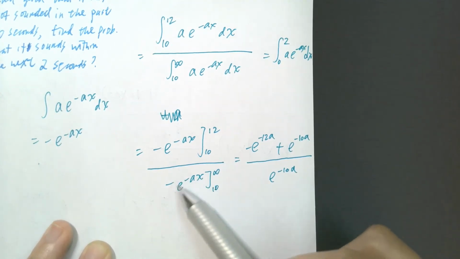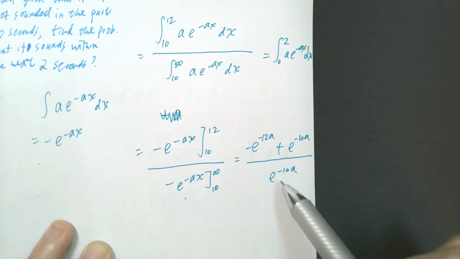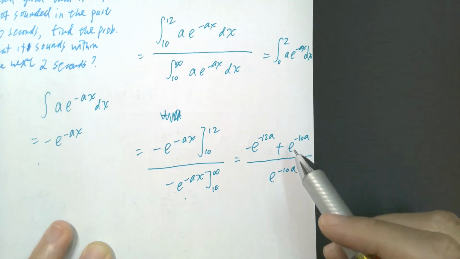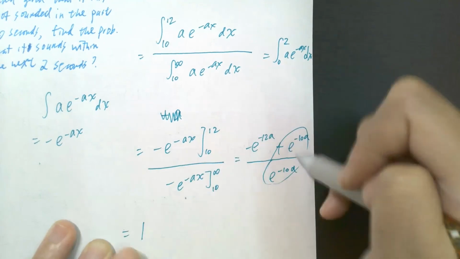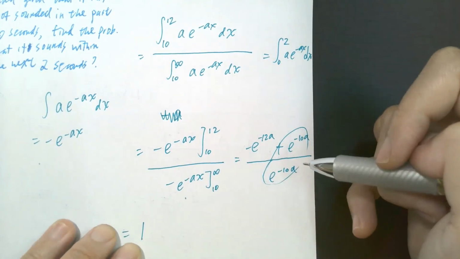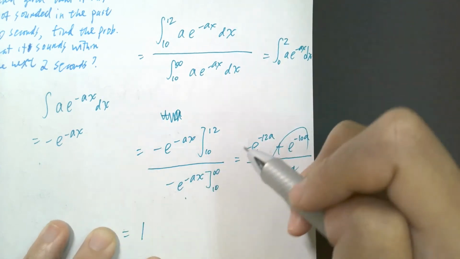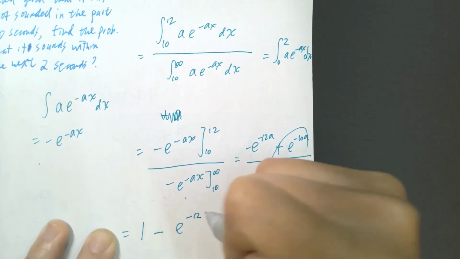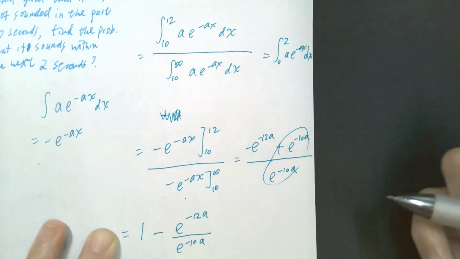So you're going to have 0 minus negative e^(-ax), where x is 10, so you're going to have positive e^(-10a). So this part is just 1. Let me write 1 on the left hand side, and the next part is negative e^(-12a) divided by e^(-10a).